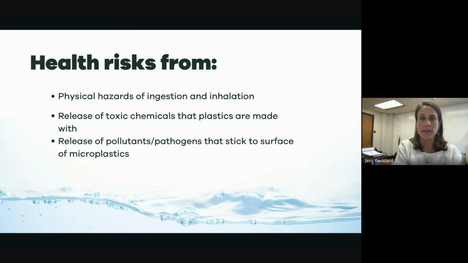It's about the release of either toxic chemicals that plastics are made with that are basically transported by microplastics, or the release of pollutants and pathogens that stick to the surface of microplastics. So in that first category, we're talking about the effect of the microplastic itself, but the second two categories of potential risk emerge from chemicals and pathogens that are attached to or part of the microplastic.